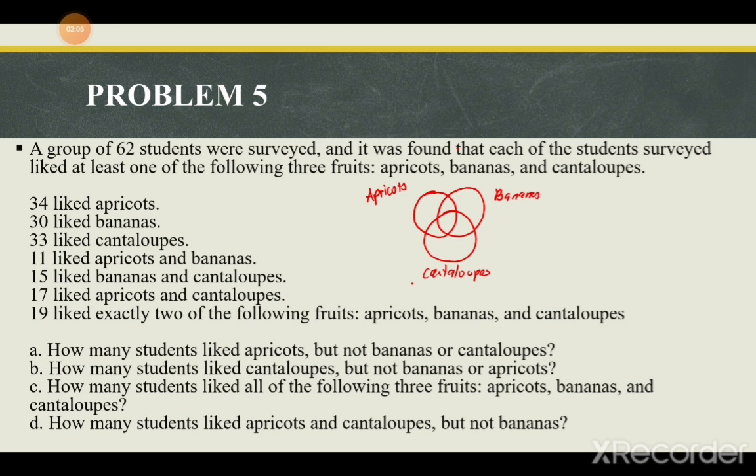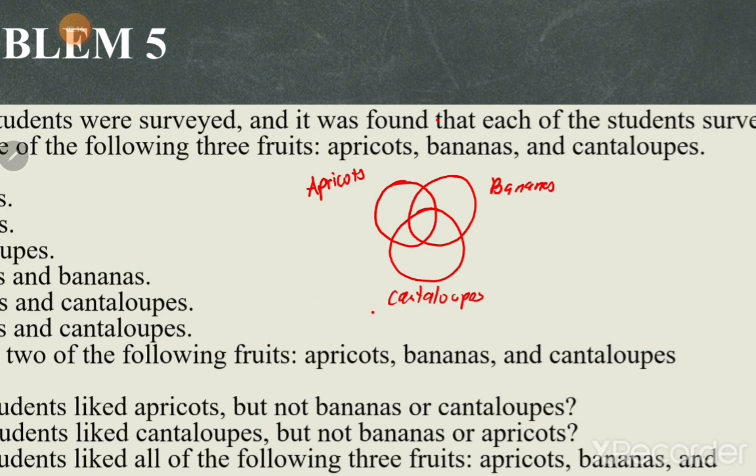The first thing to do is to know the designated givens. We have 34 apricots. That 34 is the total of this whole circle.